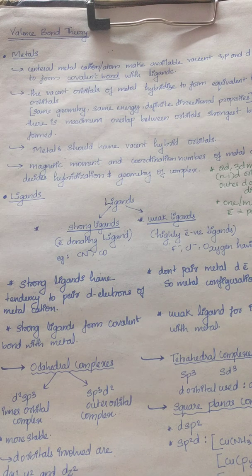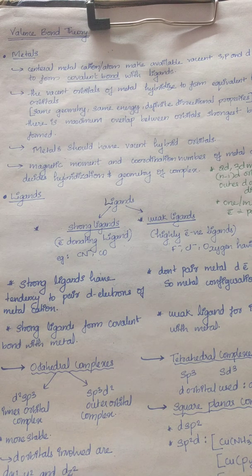The properties of hybrid orbitals are that they have the same geometry, same energy, and more directional property. As we all know, s orbital is non-directional, but p and d orbitals have directions. So when their hybrid orbitals are produced, they will have a definite direction, pointing in such a fashion that the ligands will be easily approachable.